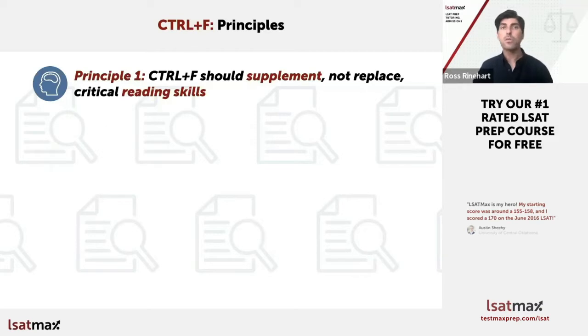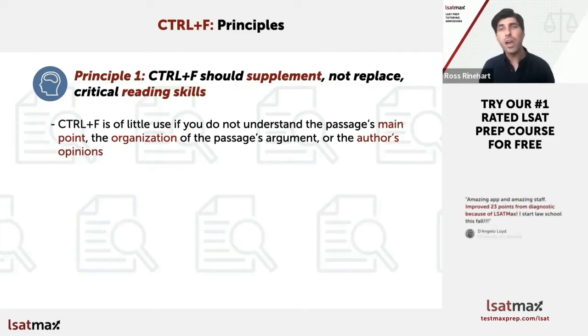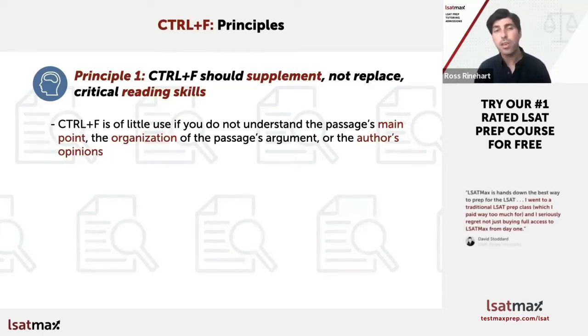Now, what I found after looking at all of those questions and thinking about how Ctrl+F could help a test taker on those questions, is that Ctrl+F is actually of not much use if you do not understand the passage's main point, the organization of the passage's argument, and the author's opinions.